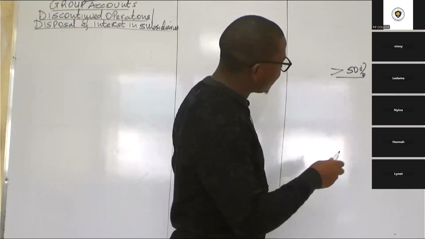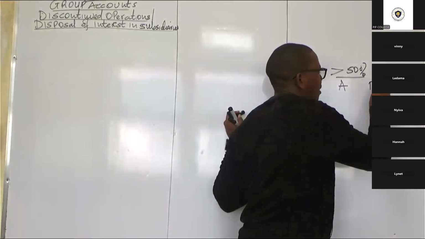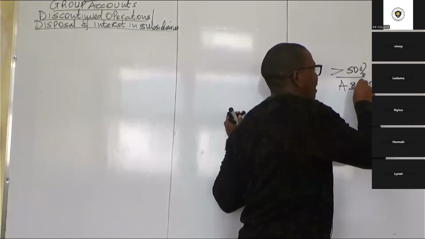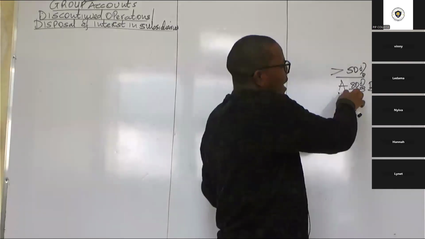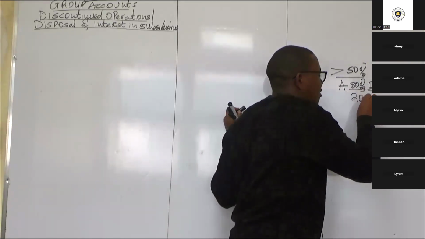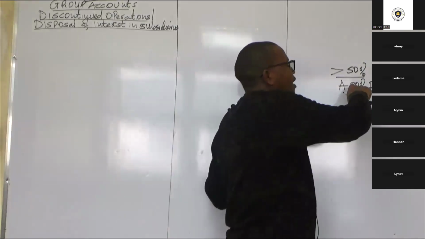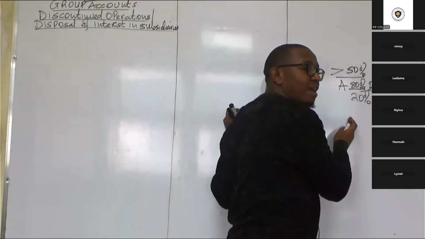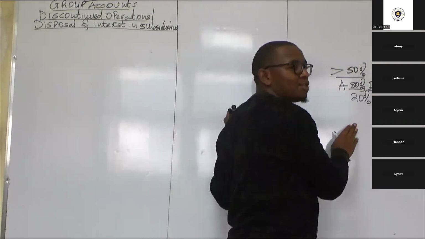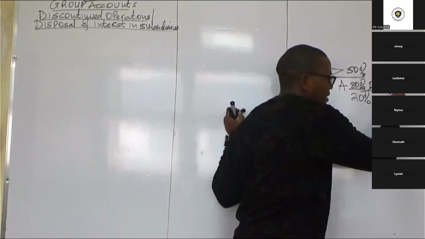Let's say A had acquired 80% of B. A may decide to dispose of 20% of his shareholding, and he will still have control with 60%.